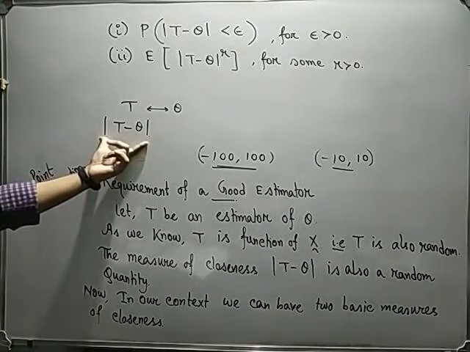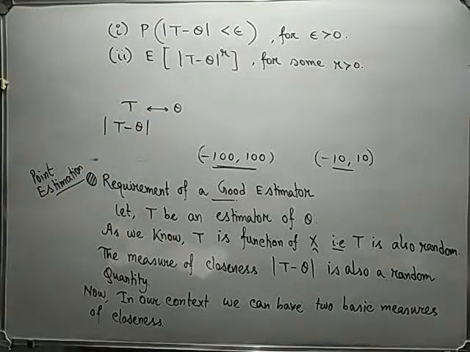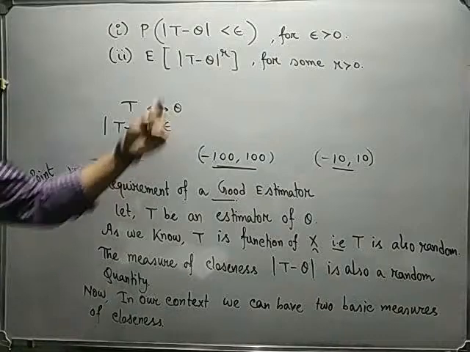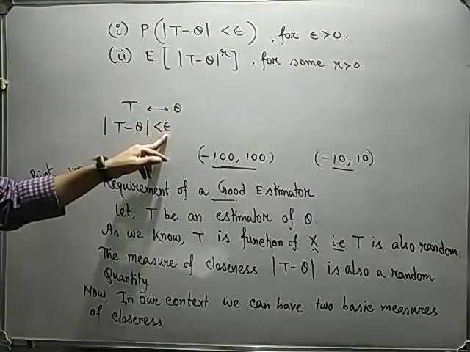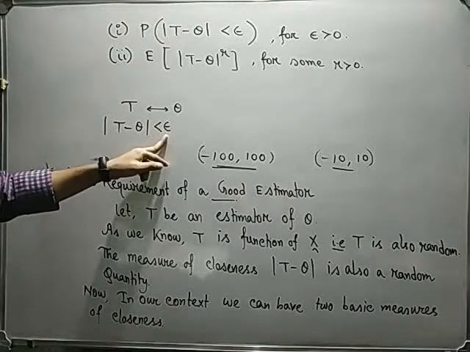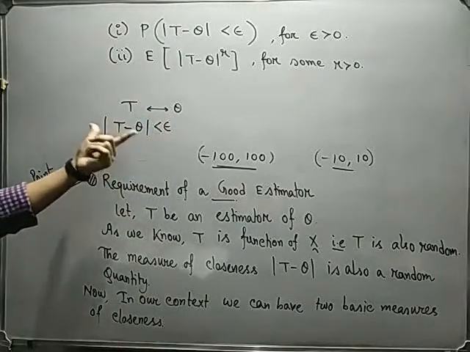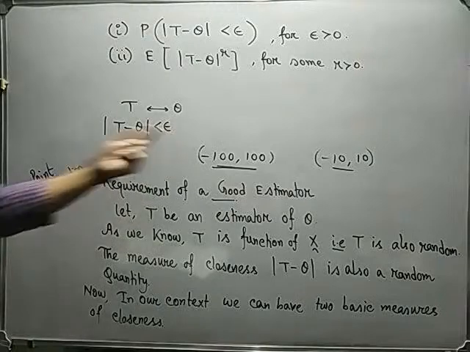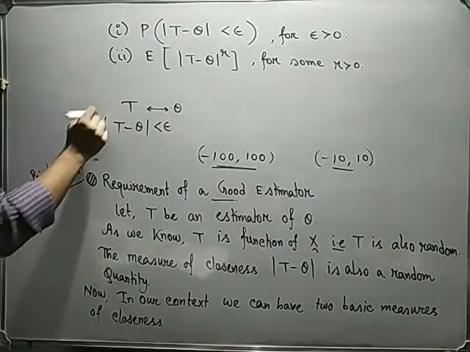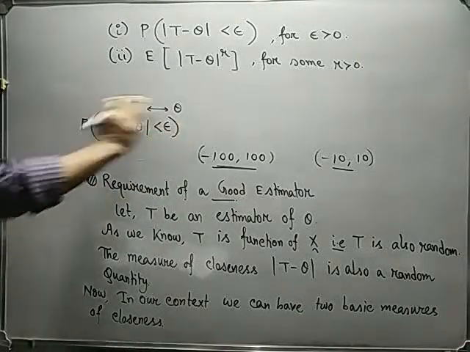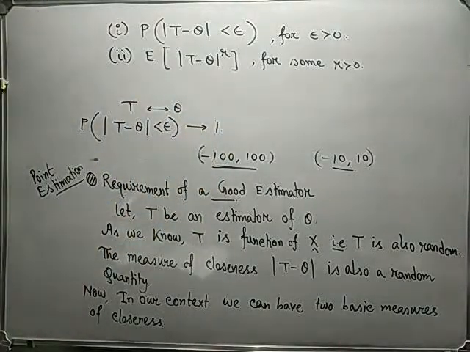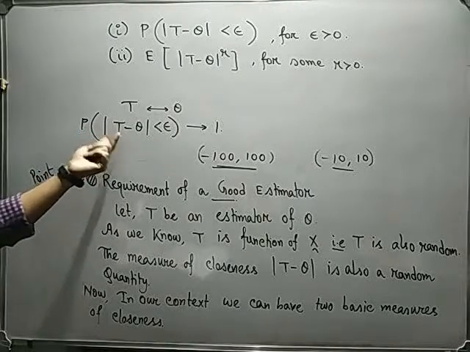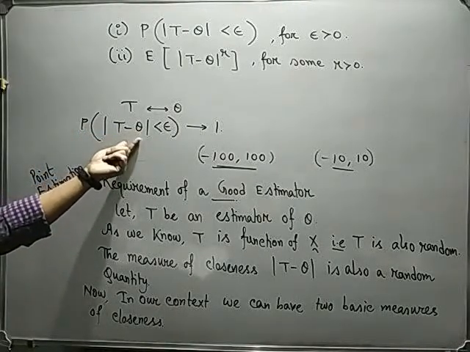If this distance is less than some epsilon, where epsilon is any small positive quantity close to 0, and this probability is close to 1, then we can say that capital T is a good estimator of theta.